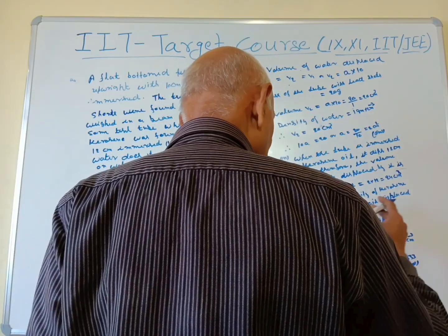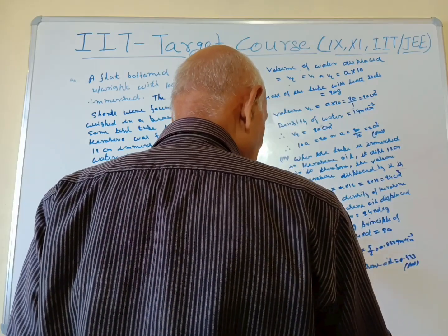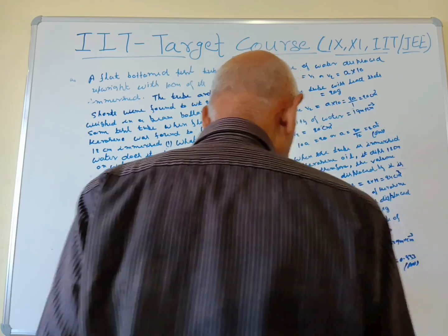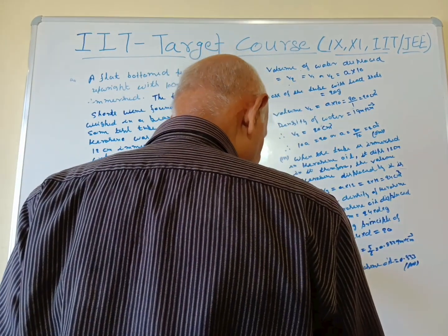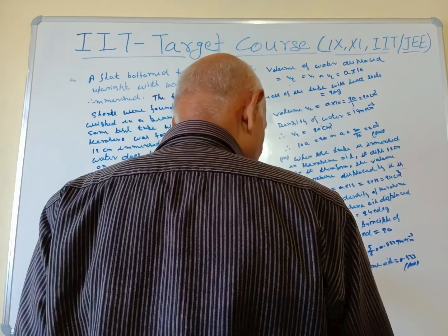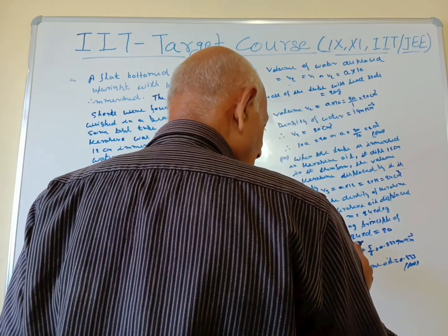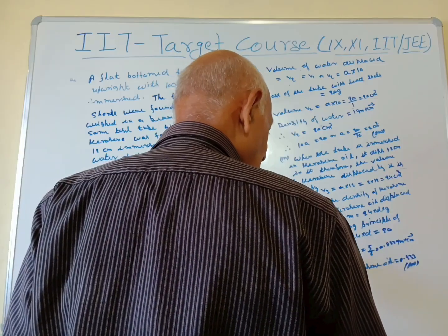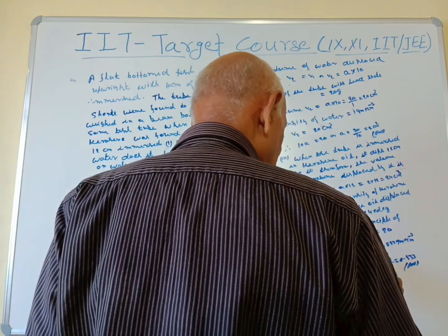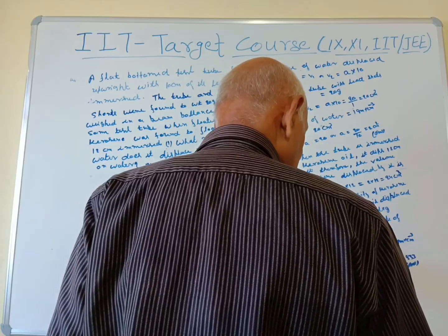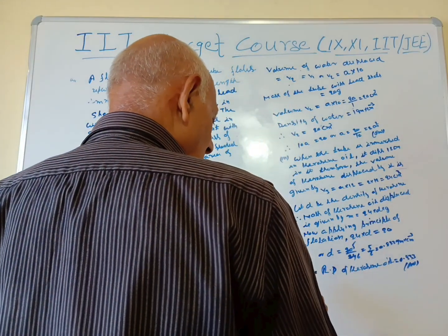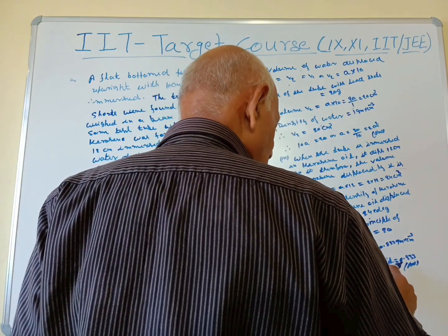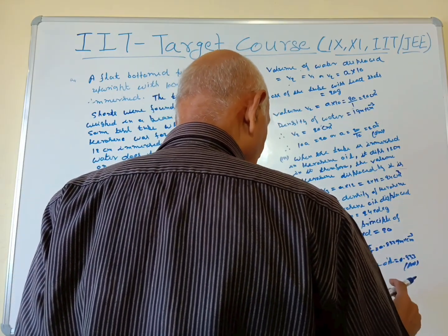Therefore, mass of kerosene oil displaced is given by M equal to 24 into d into g. Now, applying principle of flotation, 24 into d equals 20, or d equals 20 by 24 equals 5 by 6 equals 0.833 gram per cubic centimeter. Therefore, relative density of kerosene oil equals 0.833. Answer.